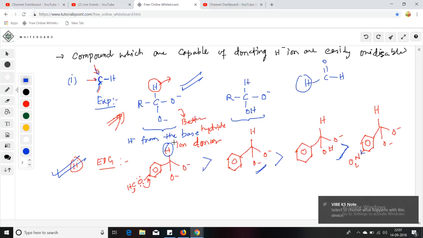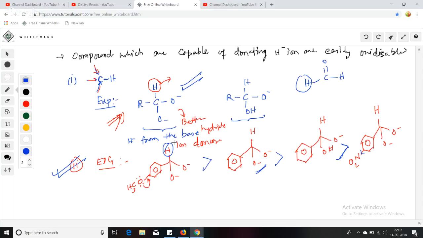Whatever exam you are writing, they'll frame from aldol condensation and Cannizzaro reaction. Any book you pick up, look at previous year questions, 5, 10 years of questions, from the aldehyde ketone chapter, 60-70% of questions you will get from this only, aldol condensation and Cannizzaro reaction.